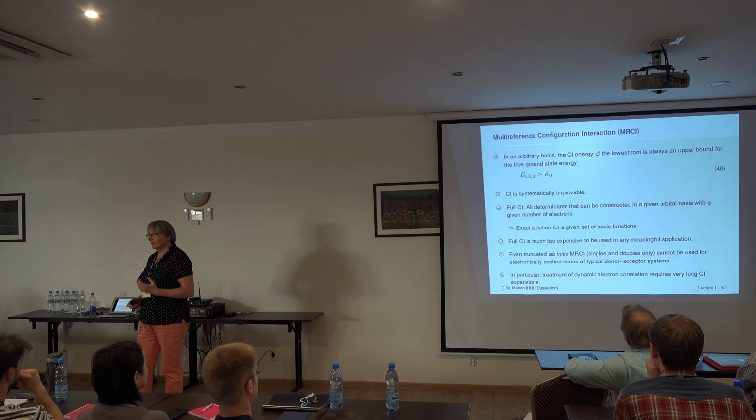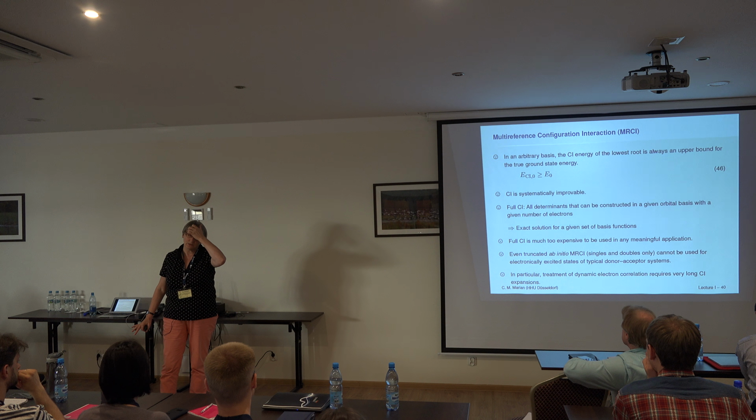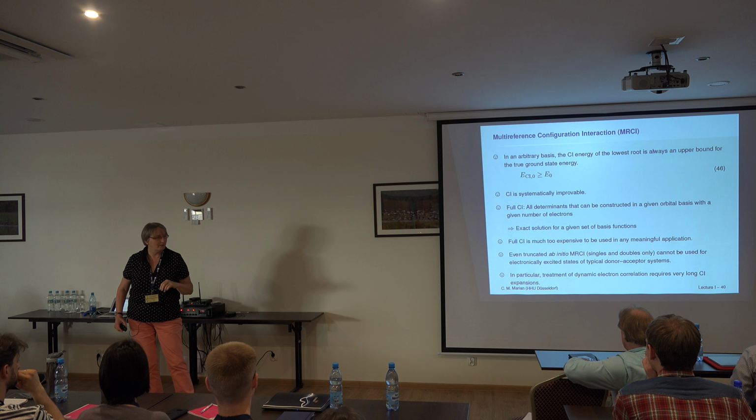And what is particularly expensive is so-called dynamical correlation. This is a type of correlation that describes the tendency of the electrons to avoid each other. You can understand that electrons which repel each other, they do not want to be close together, and this is something which is completely neglected in Hartree-Fock theory and only partially taken into account in density functional theory.